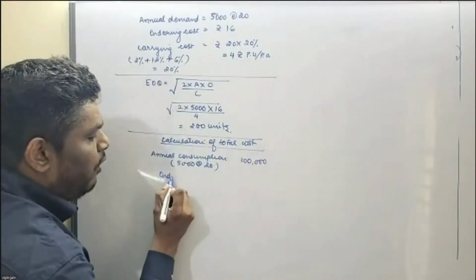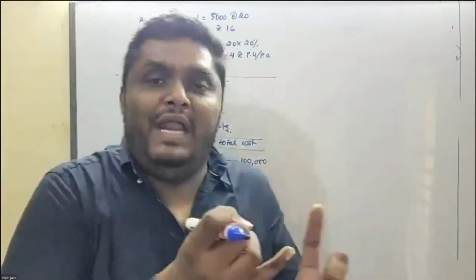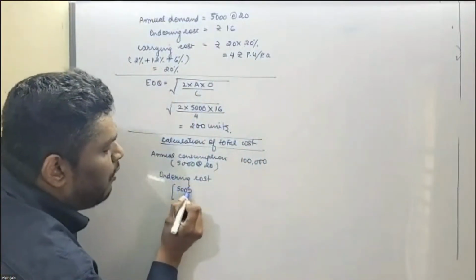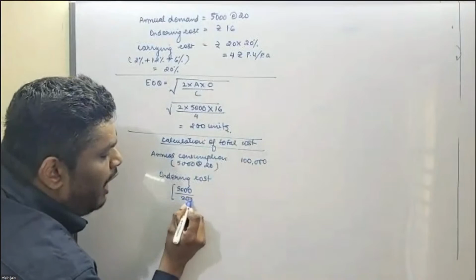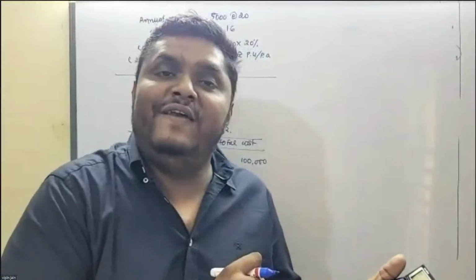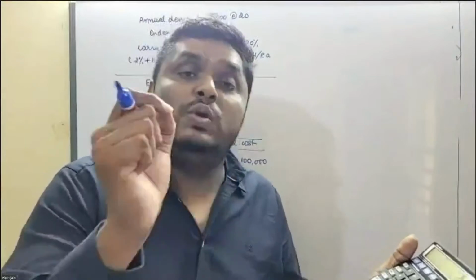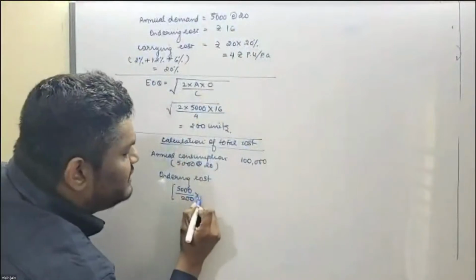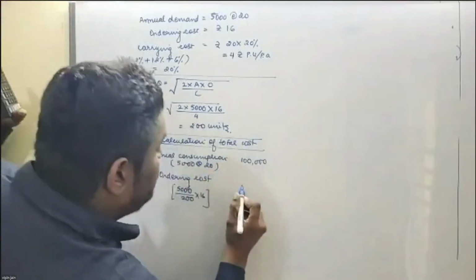Now when talking about my ordering cost, my annual consumption is of how many units? 5,000 units. And every time we place an order of only 200 units. So how many times does the order need to be placed? Very simple, my annual requirement is 5,000 units. At one time we can place an order of 200 units. So 25 times we need to place an order into the ordering cost per order, that is 16. So this will be 400.